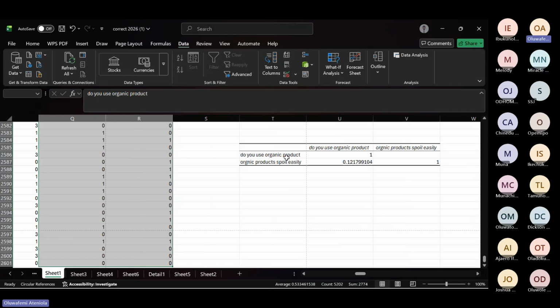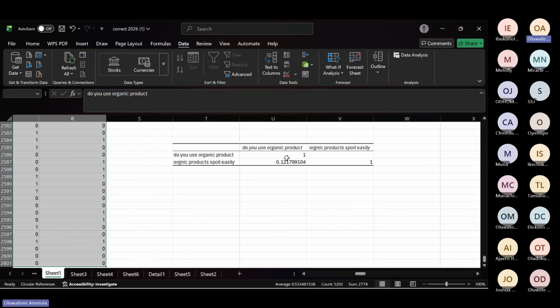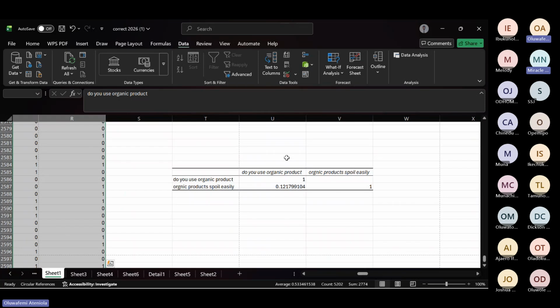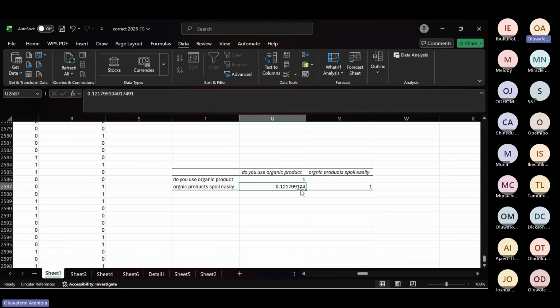Good. Can you see the results here now? So correlation analysis measures how a change in one thing affects the other. This correlation here is measured between 1 and -1. I'll explain to you later as it goes on. Think of it this way: is it that the more expensive organic products get, the less people buy them, or the more expensive it gets, the more they buy it?